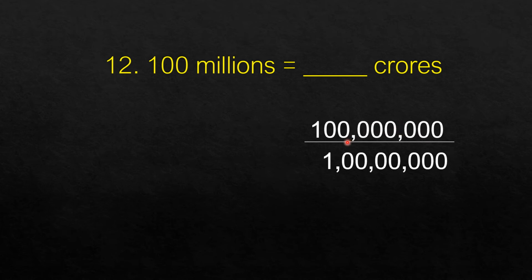So 6, 7, 8. 8 zeros are there. In crores, how many zeros are there? 3, 5, 7. 7 zeros are there. So we can cancel that. So we have only 10. So 10 crores are there in 100 millions.